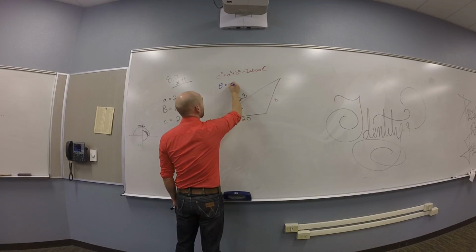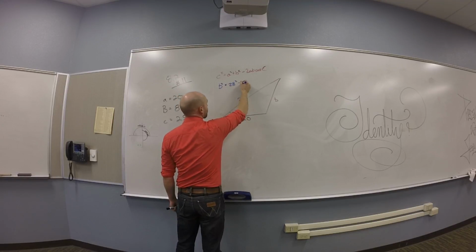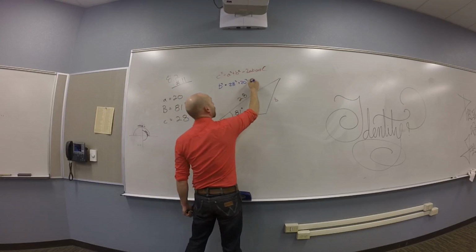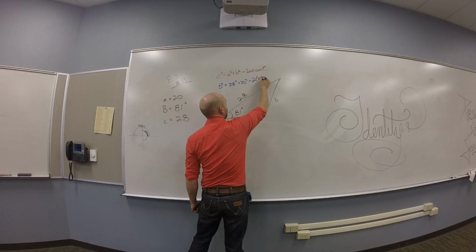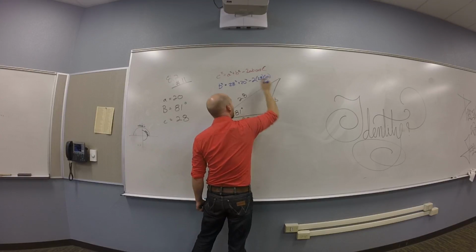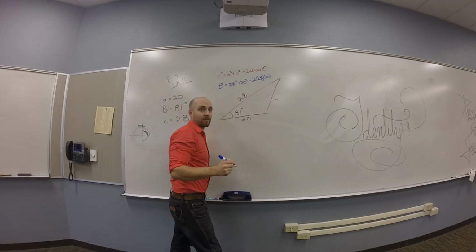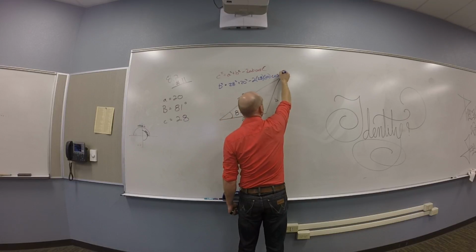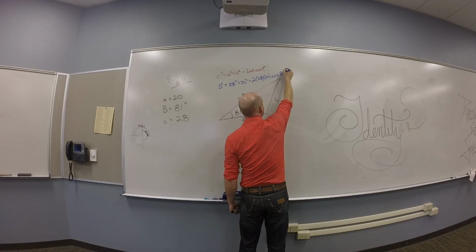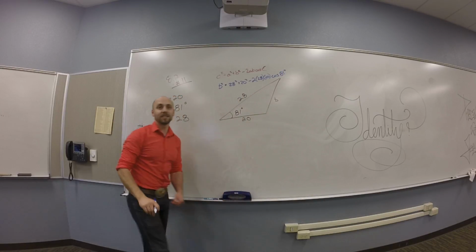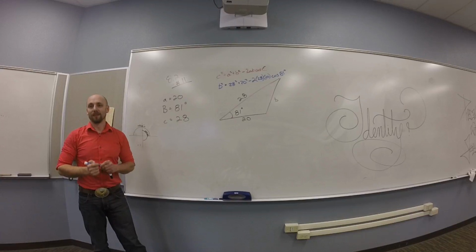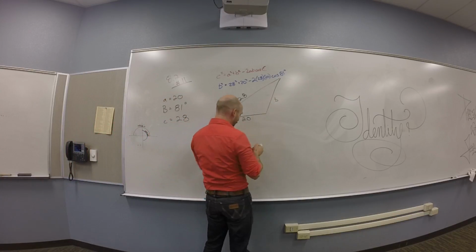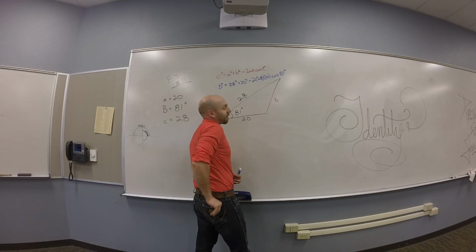So I've got 28 squared plus 20 squared, minus 2 times 28 times 20 times the cosine of 81 degrees. Why not c? Because you substituted, thinking that B is A. So if I had to write down what I was doing in red, right?